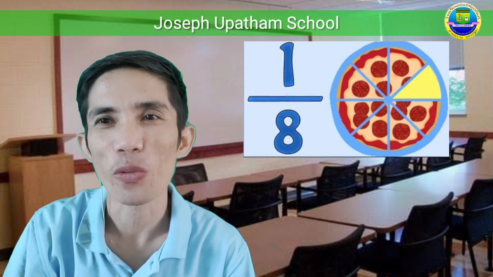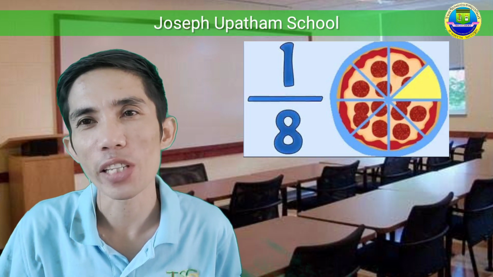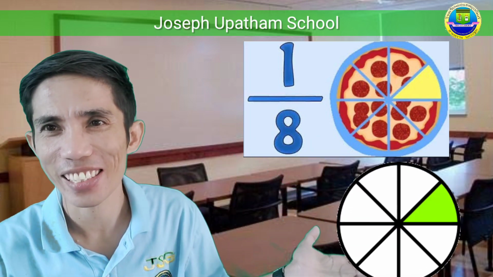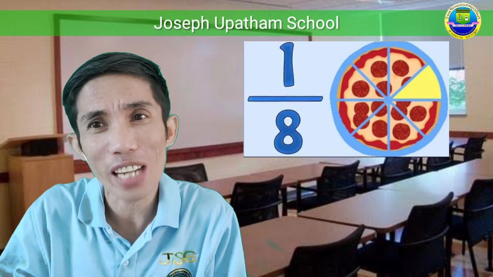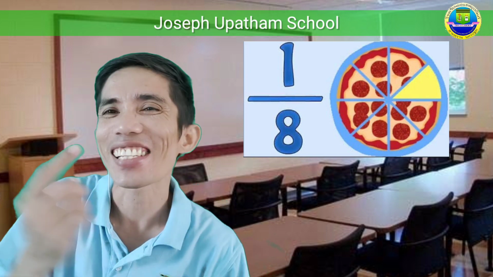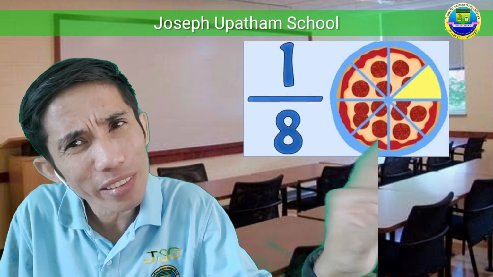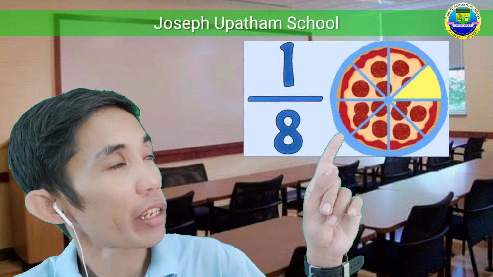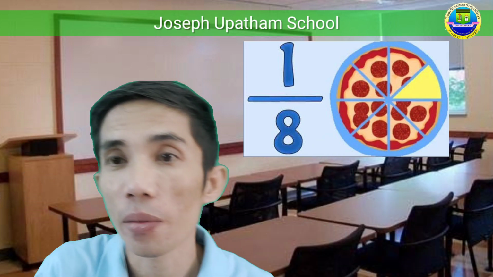This is so important, my dear students, because in some examples that I will give you later, we will use figures like this. And sometimes you will be confused which fraction I am referring to. Just like in our lesson a while ago, we're talking about the part that I took from the whole. Look at the yellow shaded part that represents the part that I took from the whole.